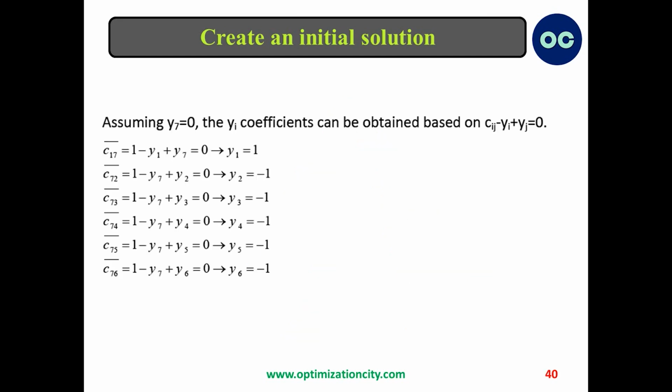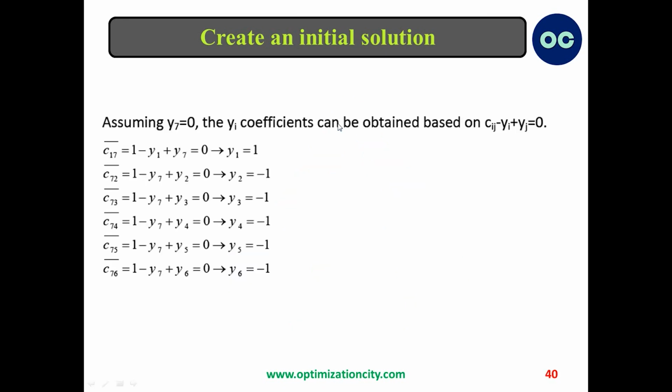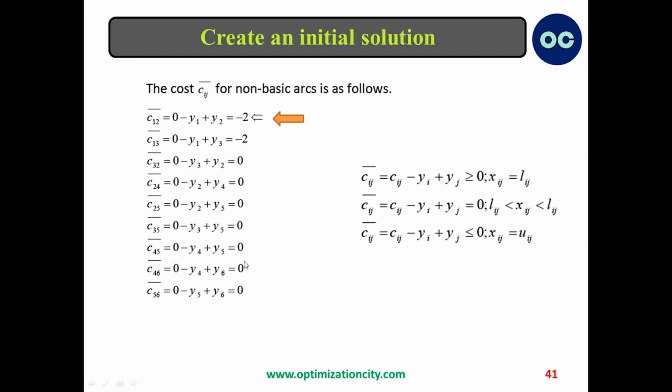So assuming y7 is equal to 0, we can calculate the yi coefficients based on the equation Cij minus yi plus yj is equal to 0 for all basic variables, our basic arcs. So as we can see, we can calculate y1 to y6, and y7 is equal to 0.